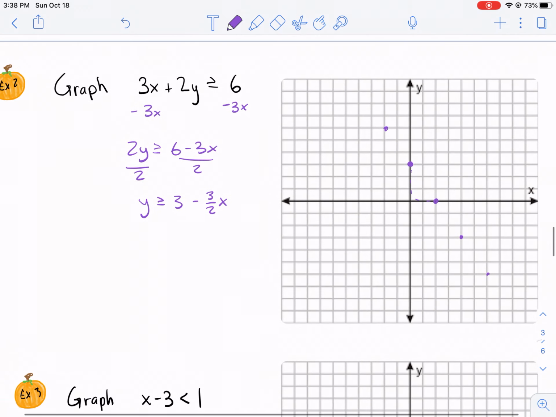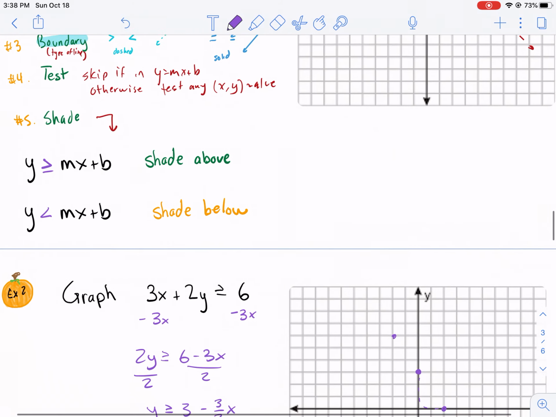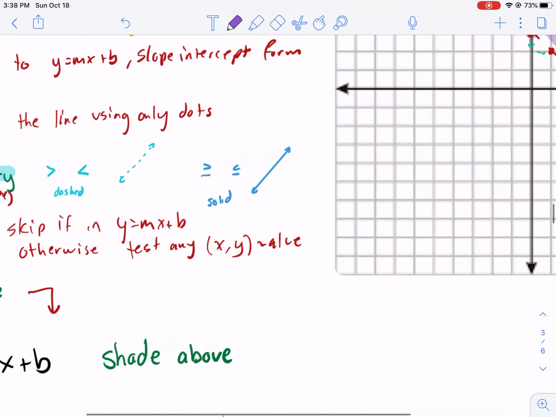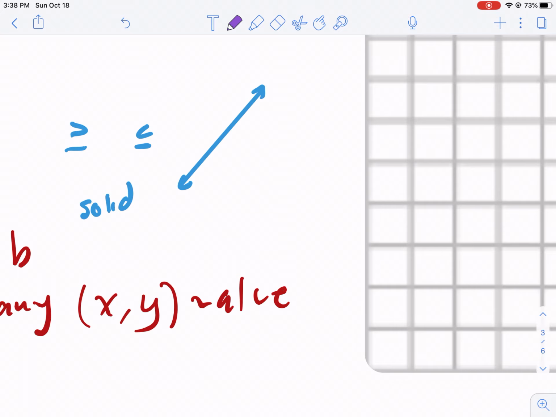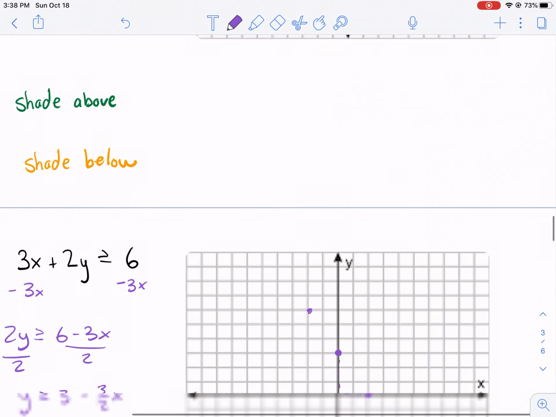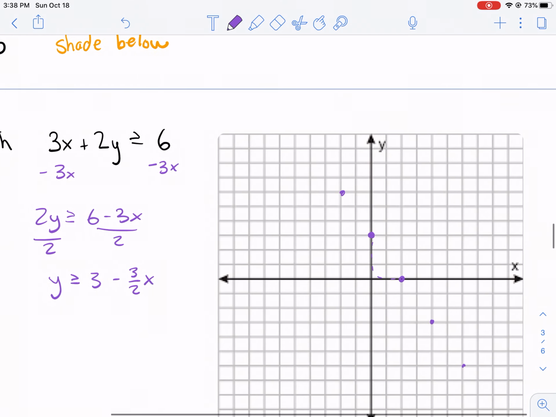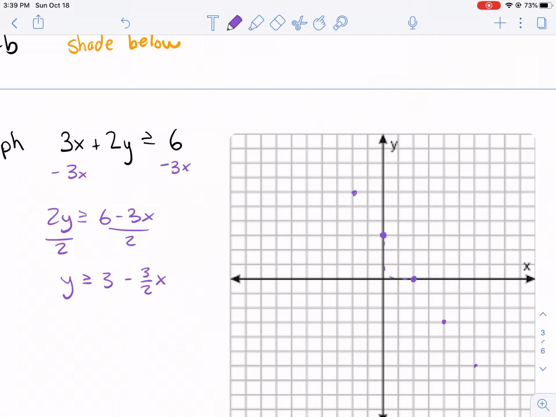Step 3 is deciding what my boundary is going to be. Because it's greater than or equal to, I'm going to use a solid line. That means it can include those values indicated. To give you a reason why, I'm going to plug in the first point we did, the y-intercept, which was 0, 3.